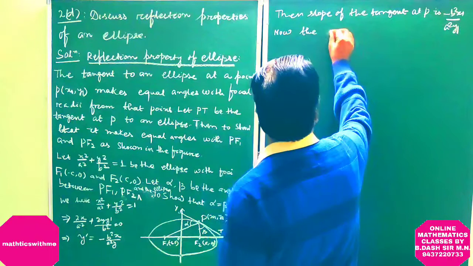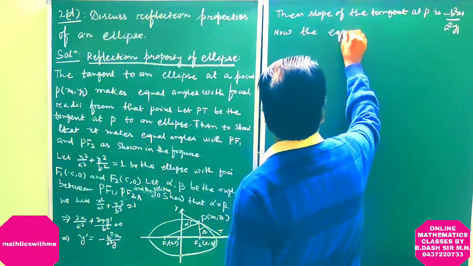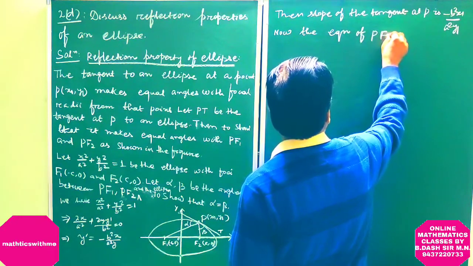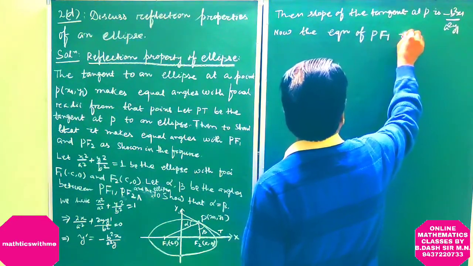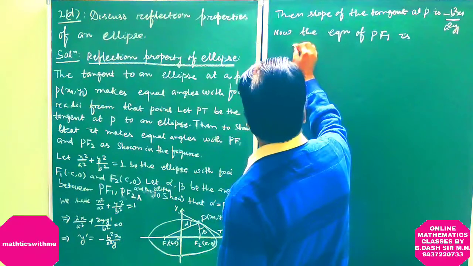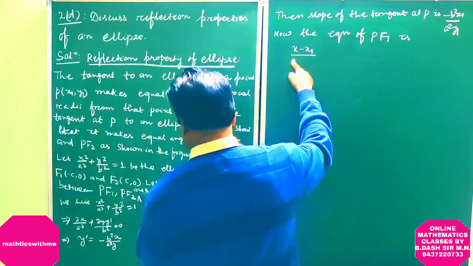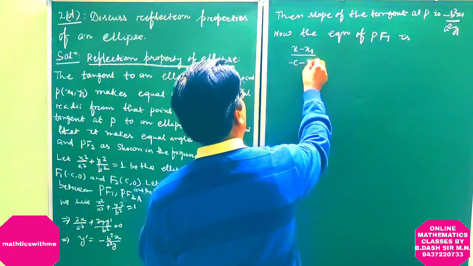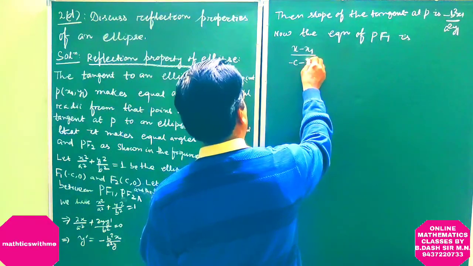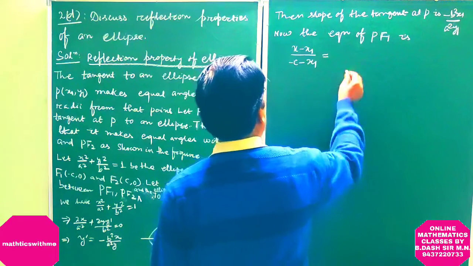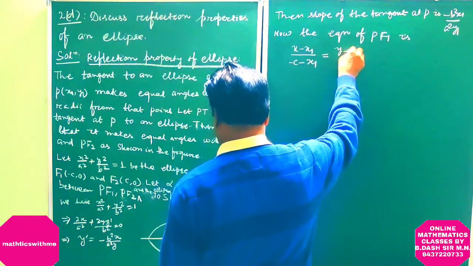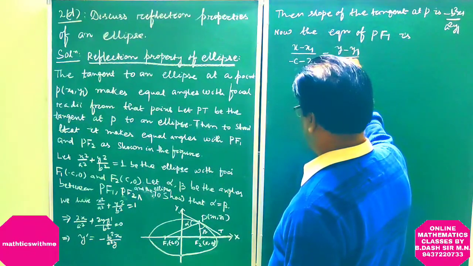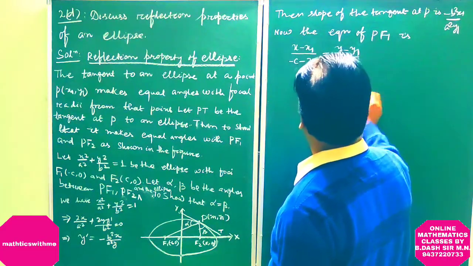Now the equation of PF1 is (x − x1)/(x2 − x1) = (y − y1)/(0 − y1).